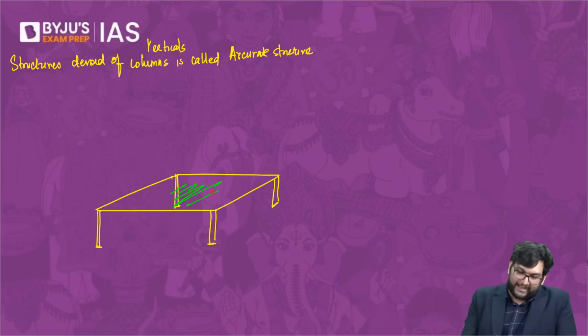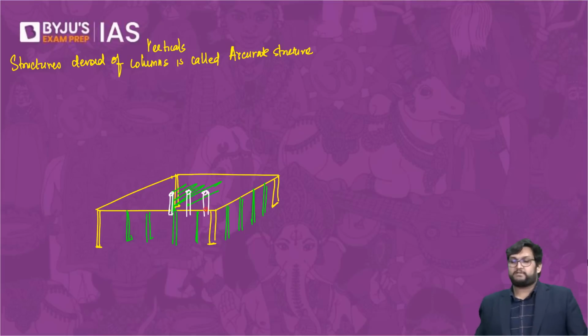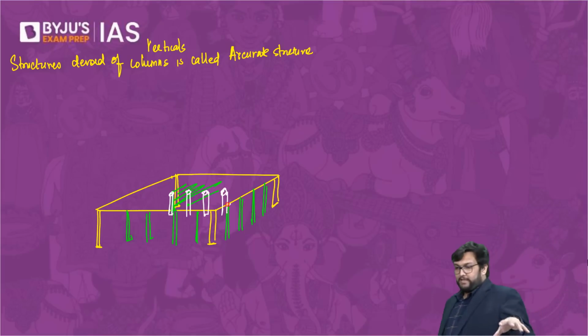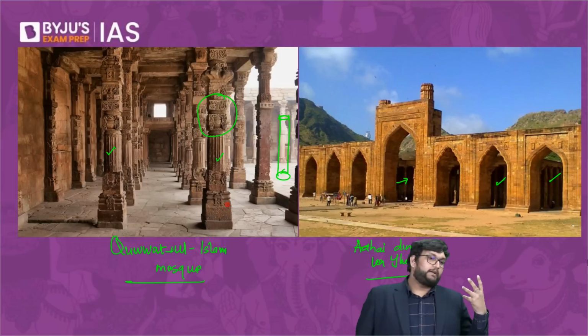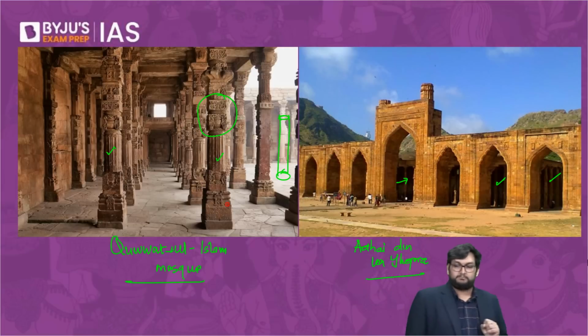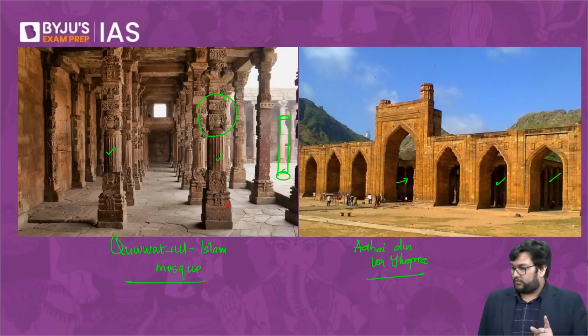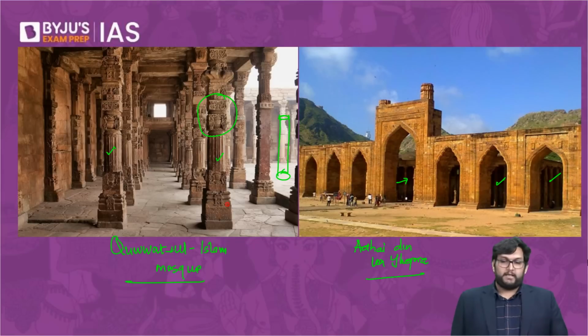So you would have to add more pillars, and you would have to add pillars here also. A very good example of this is this. Is this roof going to survive without these pillars? No, it won't. But this is called a trabeated structure.